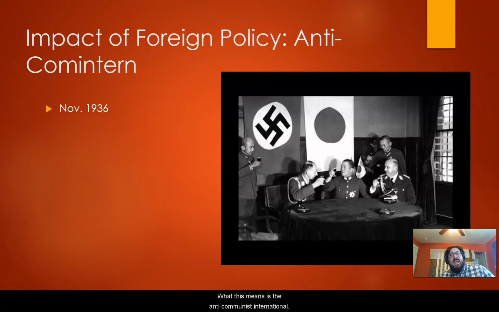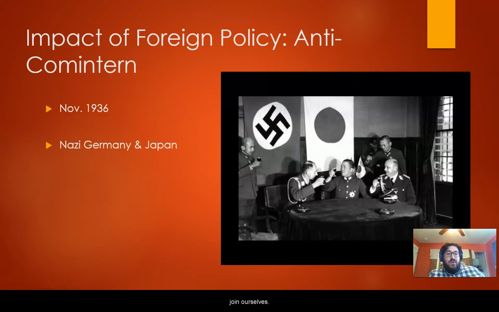What this means is the Anti-Communist International, where Germany reaches out to Japan and says, "Hey, let's make a deal. Let's get together. Let's join ourselves to potentially fight against the Soviet Union." Because if you look at the map of the world, you have Germany on one side, and then it borders the Soviet Union, which goes all the way to the Pacific Ocean, where the next person who borders them was Japan, China, Mongolia.